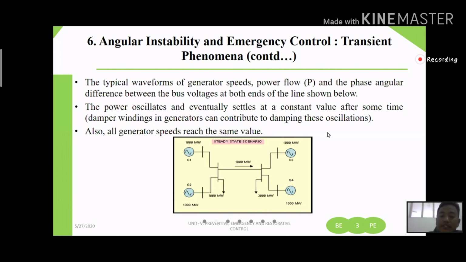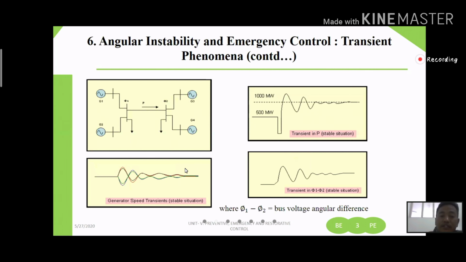So this power is within the limit, and then we'll see whether the phase angular difference between these bus voltages will violate or not. First we'll assume that it is not violating. So the power transfer is within the limit, and the bus voltage angular difference is also within the limit, meaning it is not violating any.